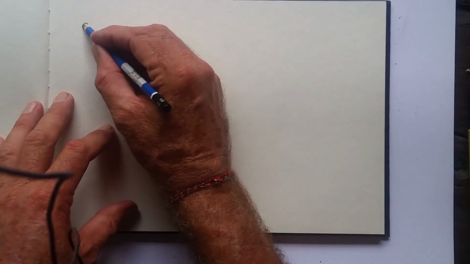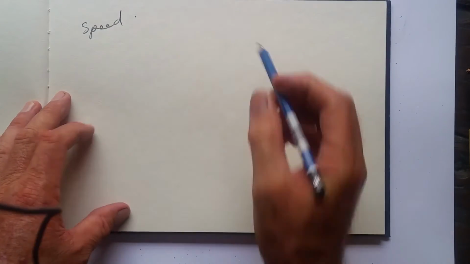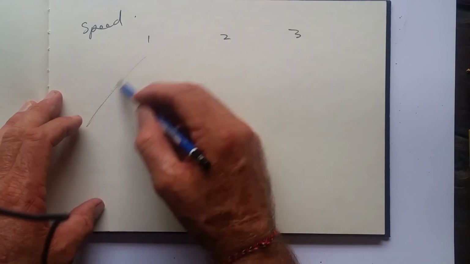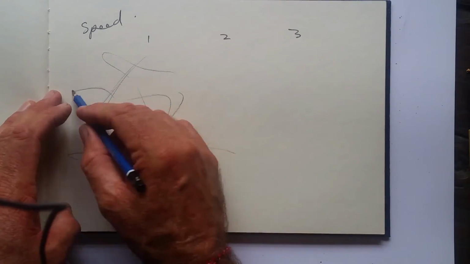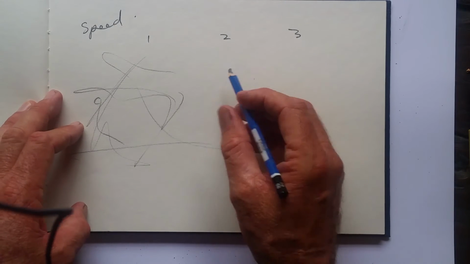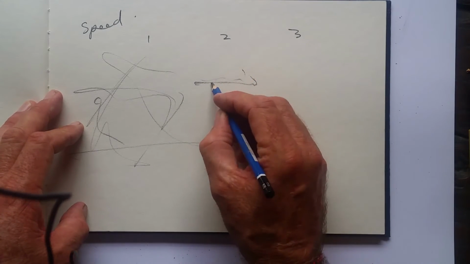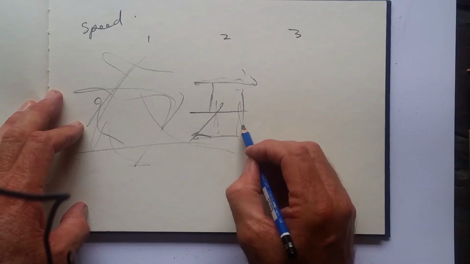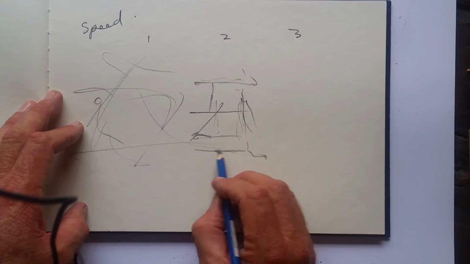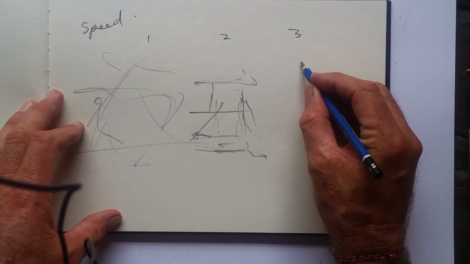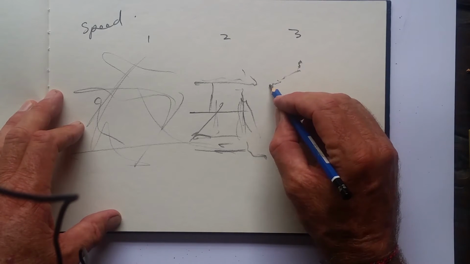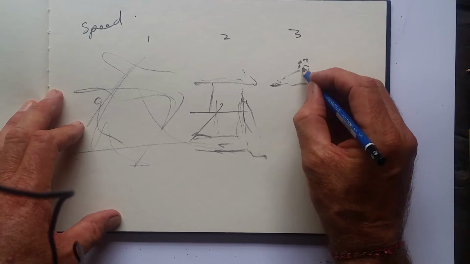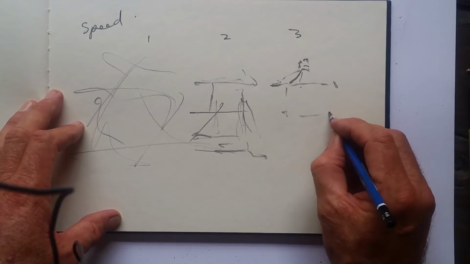The second one is speed. Okay, so again, 1, 2, 3. Some lines when you're sketching things in are really fast. Then as you're coming in to get your finer details and directions, you start to slow down a little bit. And then when it gets right down to the fine details, then you're working really quite slow and deliberately.